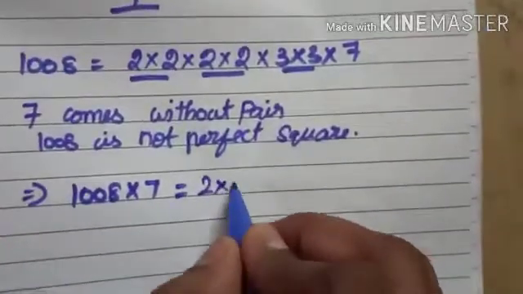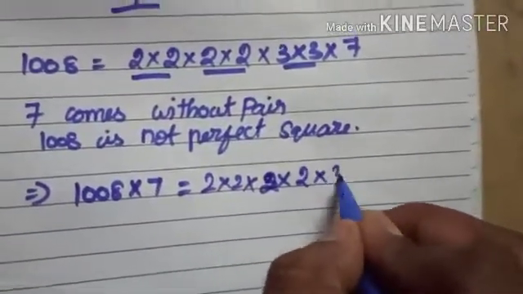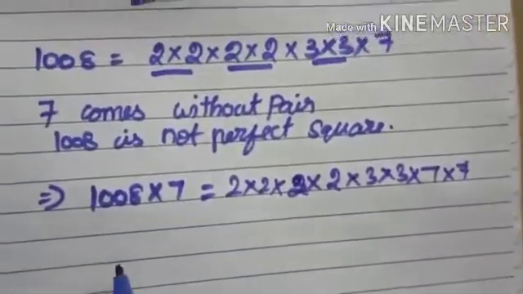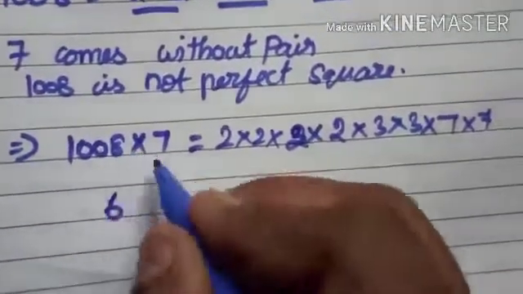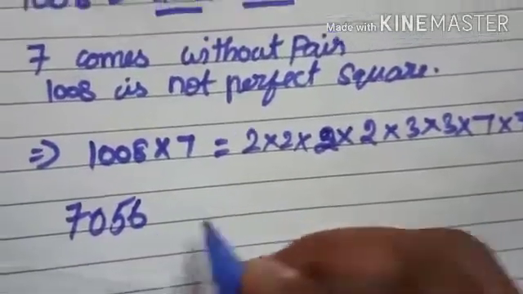So 2 into 2 into 2 into 2 into 3 into 3 into 7 into 7. Multiplying, 1008 times 7 is 7056.